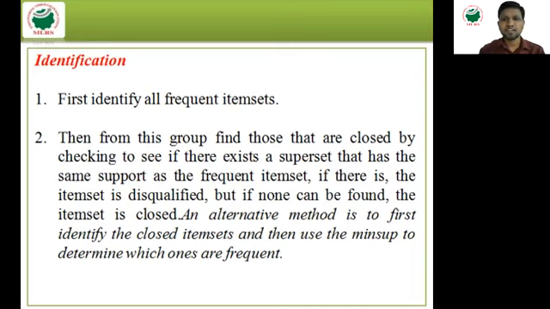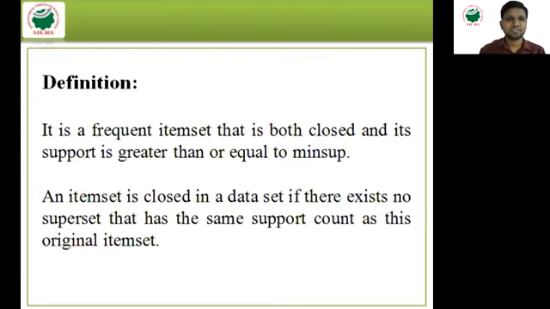An alternative method is to first identify the closed item sets and then use the minimum support to determine which ones are frequent. Clear? Now you will understand the definition of a closed frequent item set: it is a frequent item set that is both closed and its support is greater than or equal to minimum support.